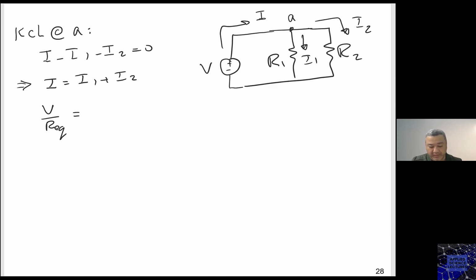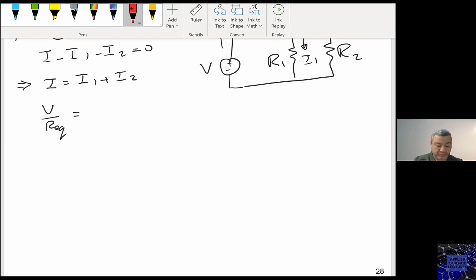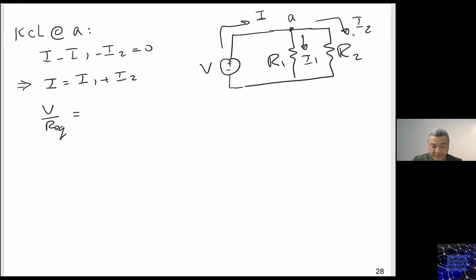So here I have V as well. Maybe we can make it in a different color. So we have here the same voltage across both of them because they are in parallel.